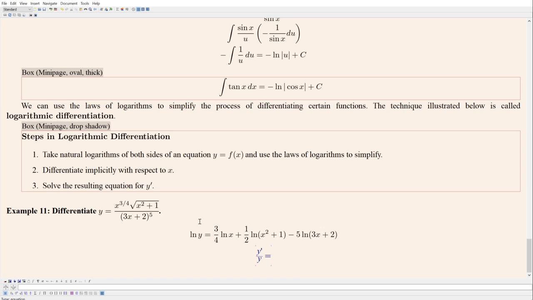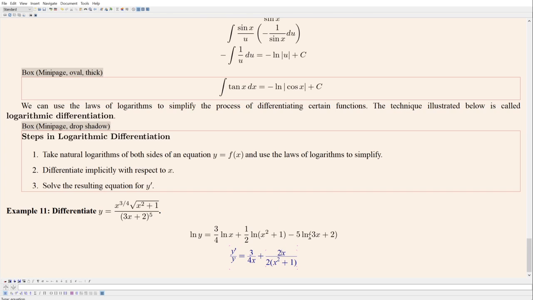So differentiate both sides. That's the left side. What's the derivative of this? Well, that is 3 over 4x, because the derivative of log x is just 1 over x. Let's see. So that 2 is from the 1/2. So we have derivative of x squared plus 1, which is 2x, over x squared plus 1.